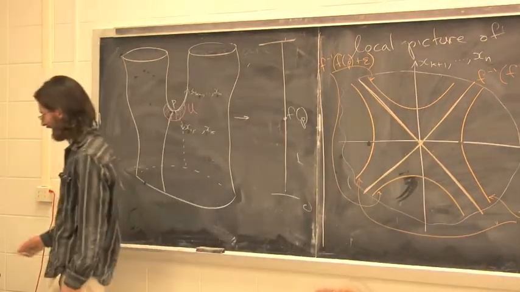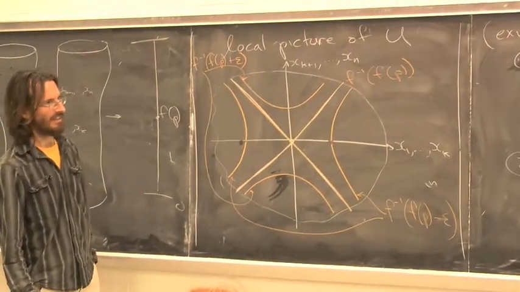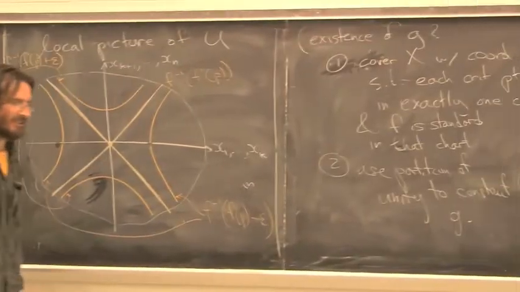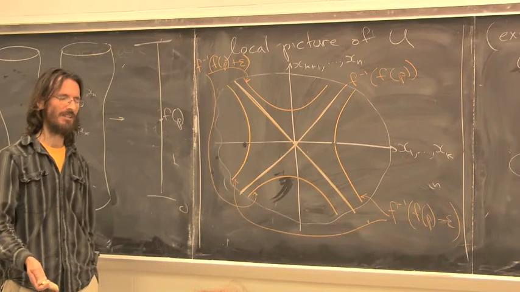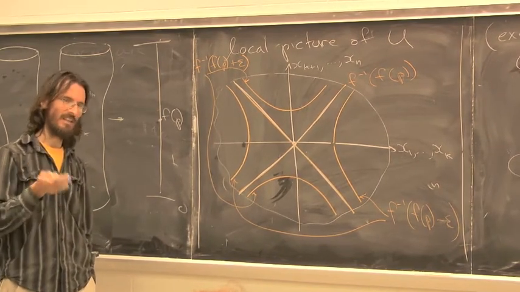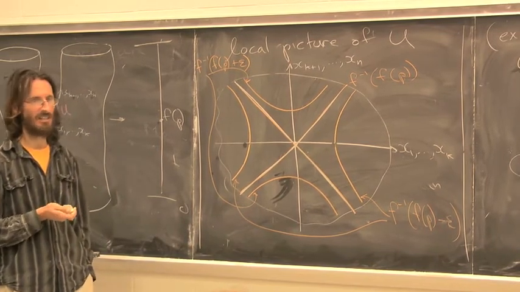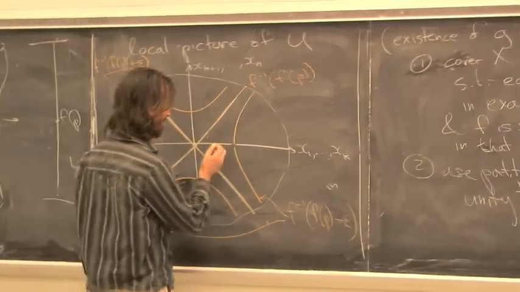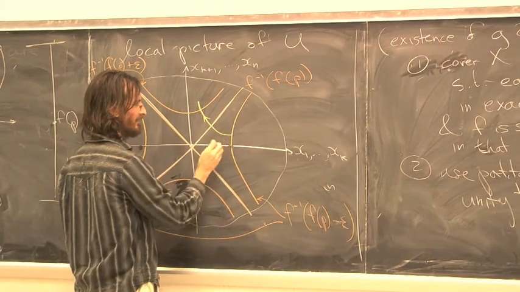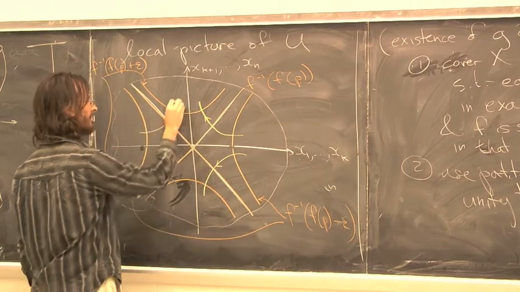You should check, if you've never done this before, that for a gradient vector field for any metric, even if it's not the standard Euclidean metric, the gradients are automatically perpendicular to the level sets. That's easy to check. But here it's completely standard, so I can draw the flow lines for the gradient vector field, and in particular, flow lines when they go up.